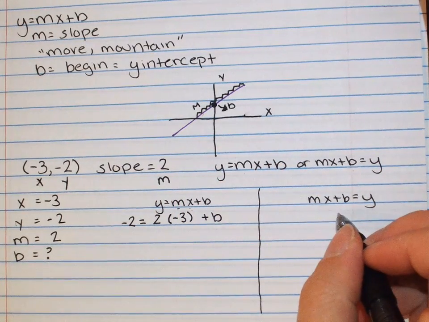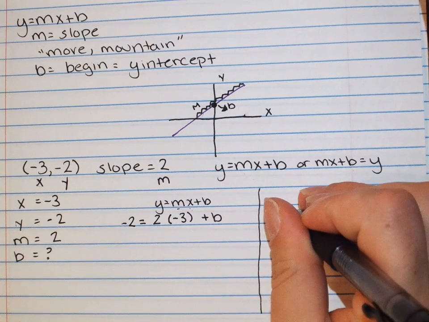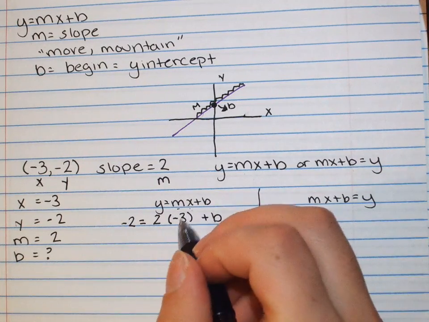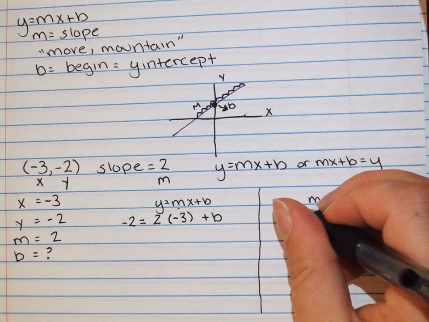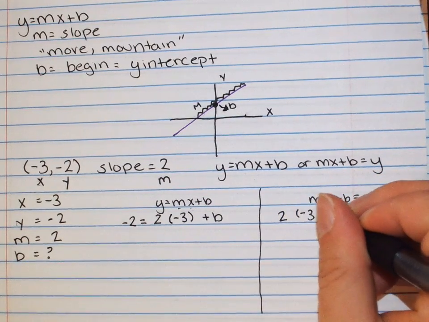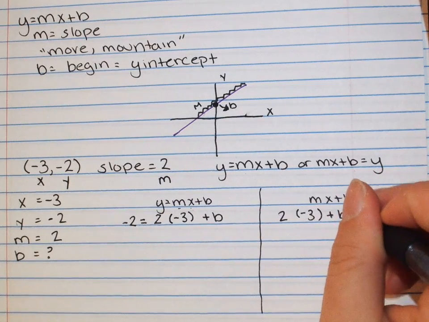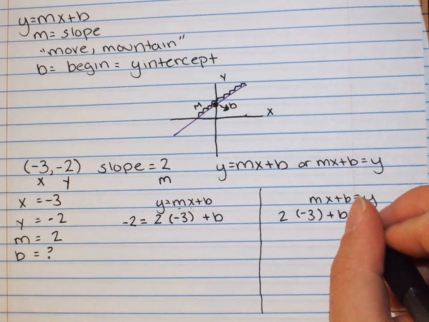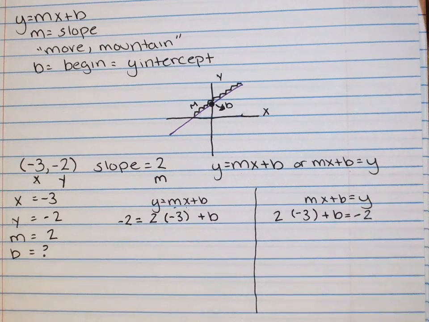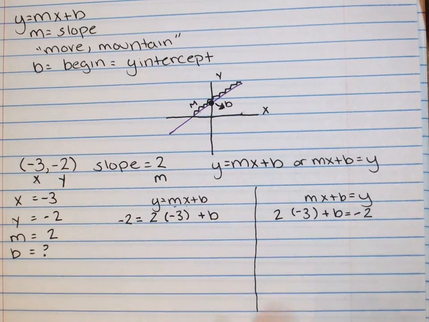And over here, the very first thing we have is m, so we have 2. And then we have our x value, that was -3, times -3, plus b equals, and then we have our y value, that was -2. Okay. So you can decide which one you would rather write, which one works best for you.